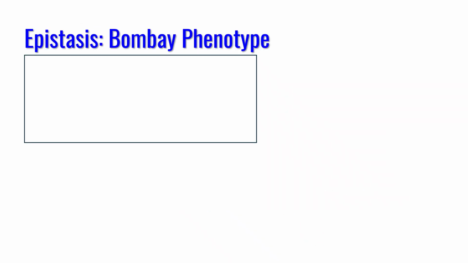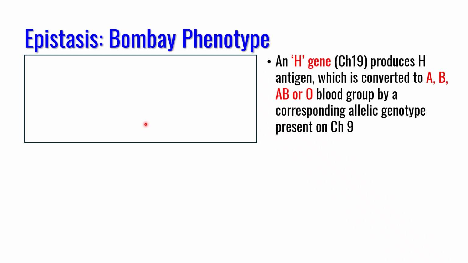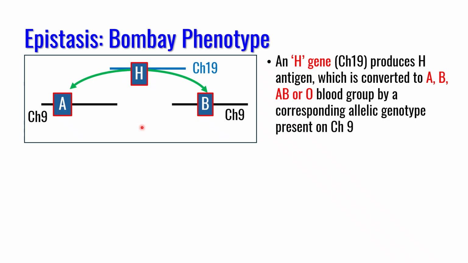I would like to present now Bombay phenotype as an example of epistasis in humans. There is a gene called H gene which is present on chromosome 19. This gene produces H antigen which is subsequently converted into A, B, AB or O blood group depending on the presence of allelic genotype on chromosome 9.